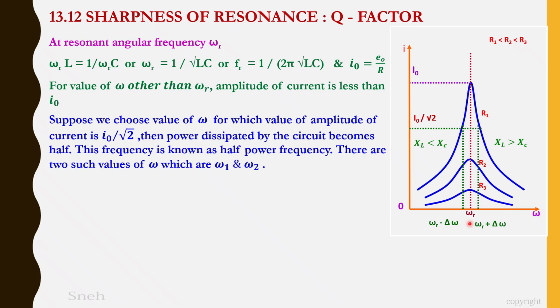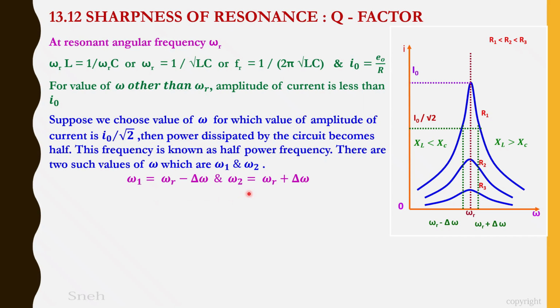One is less than omega r, one is greater than omega r. So one is on the left side of omega r and one is on the right side of omega r.